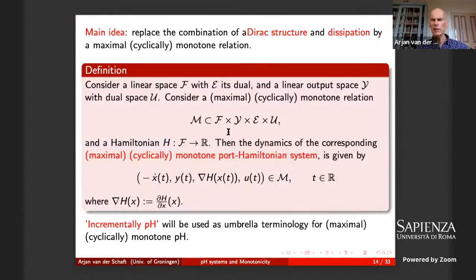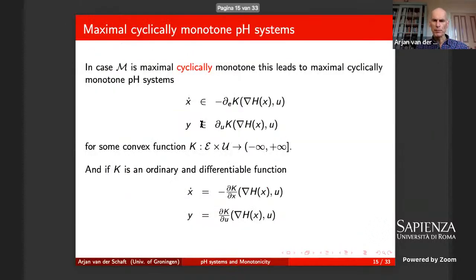And so I was mentioning that if this is cyclically monotone, then there is a convex extended function, depending on E and on U, such that the subdifferential of this function is equal to this cyclically monotone relation M. Yeah, so we get a function description like this, where in general we have here inclusion.